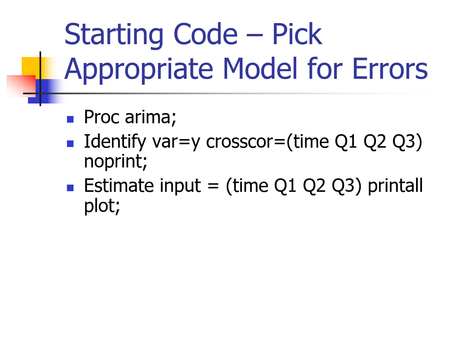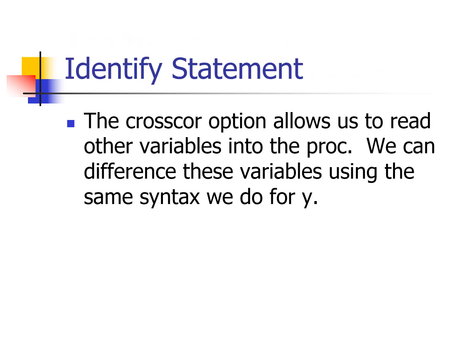And in the estimate statement, I'm being even more explicit: these are the inputs into my model, inputs as in independent variables: time, Q1, Q2, and Q3. So in the identify statement, crosscor allows us to read other variables into the proc. We could apply difference transformations to those if we need to, using the same syntax we do for Y.